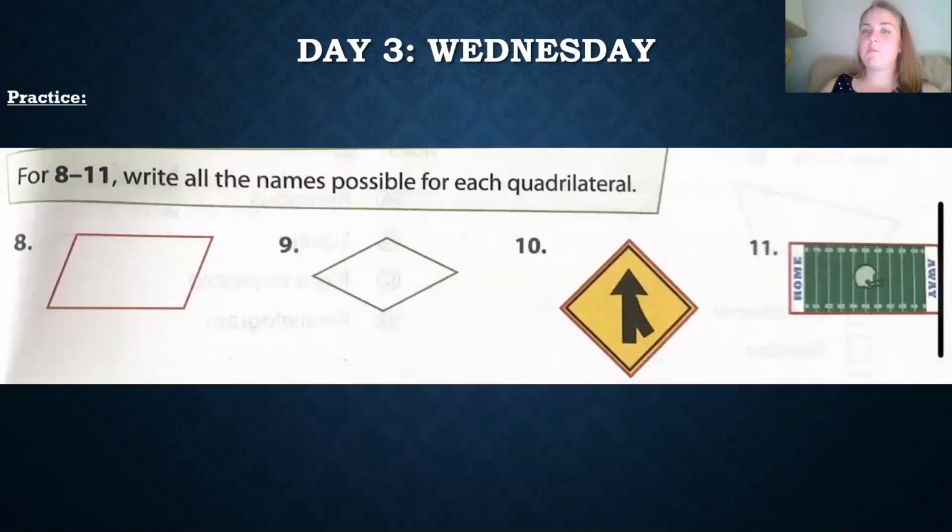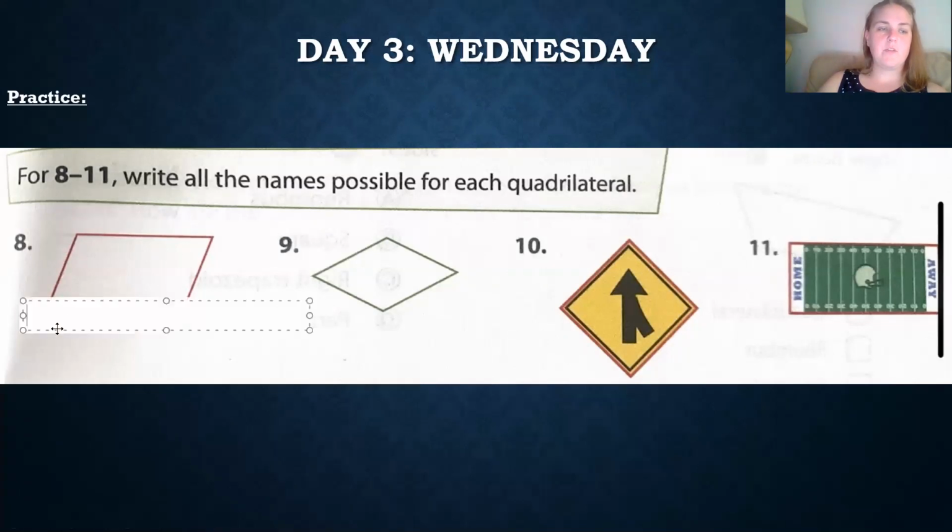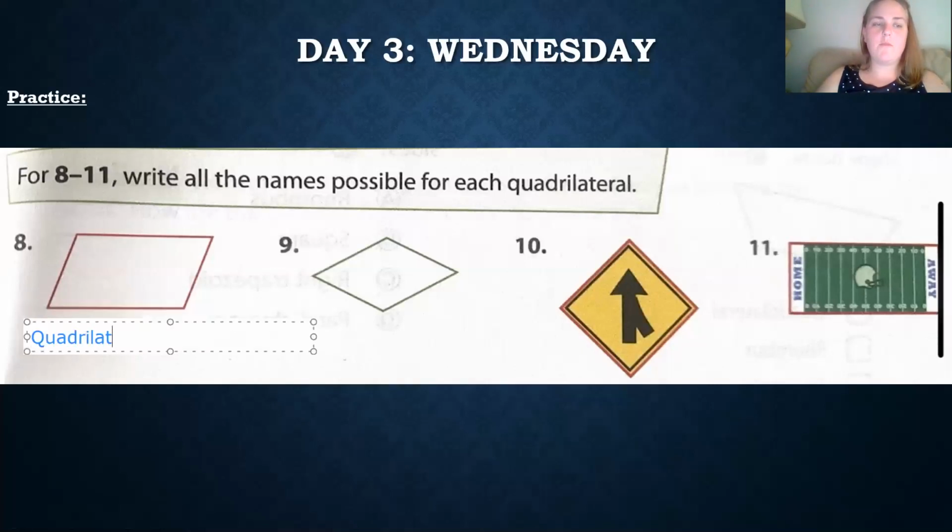Okay, so now it's time to practice. So we're actually going to categorize these shapes. Some of them have more than one name. So the first one is a quadrilateral. We can always start with that. Okay, so the first one is a quadrilateral because it has four sides.